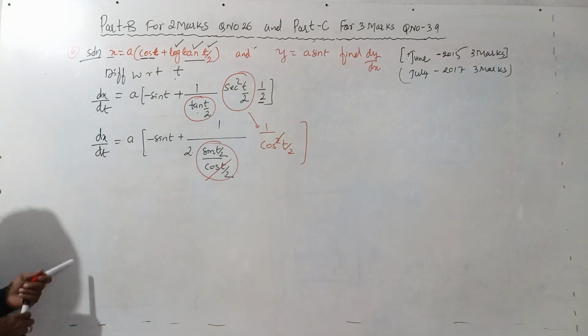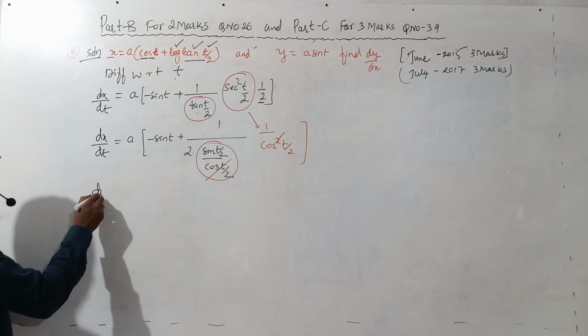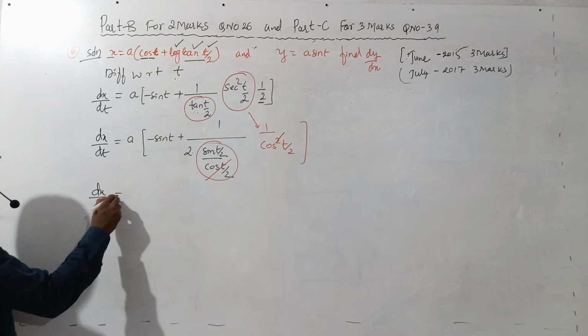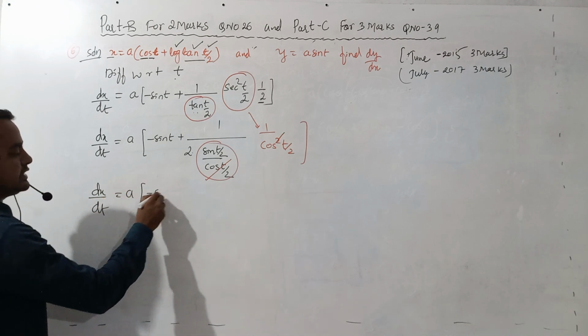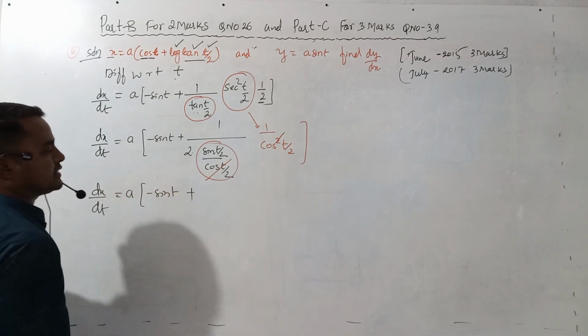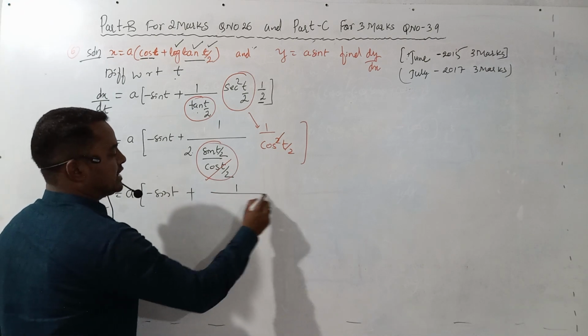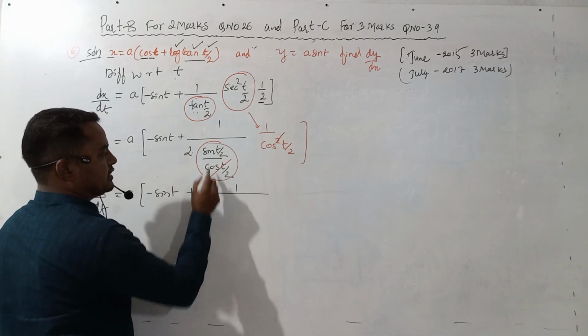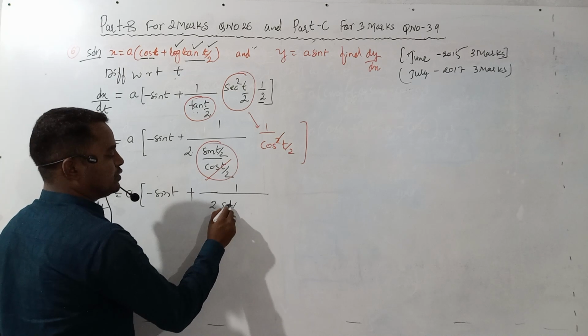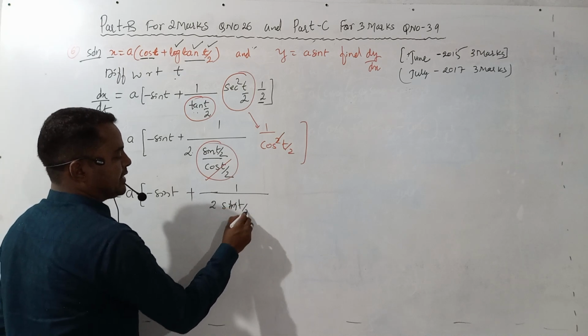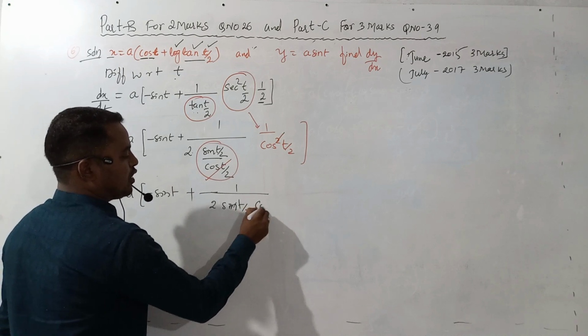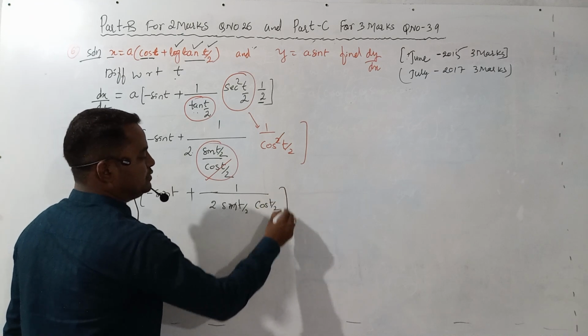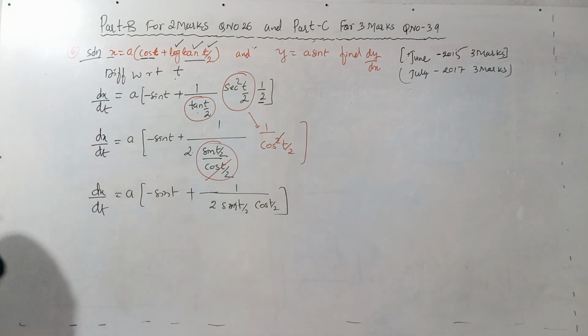Now dx by dt is equal to a as it is, into the bracket minus sin t plus 1 divided by this 2 as it is, sin t by 2 cos t by 2.